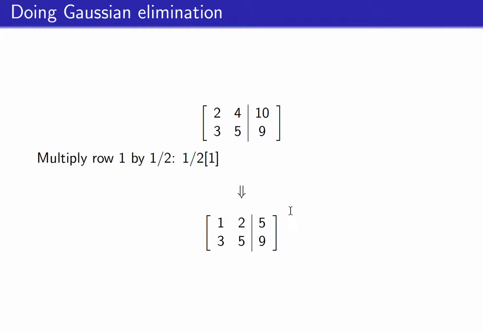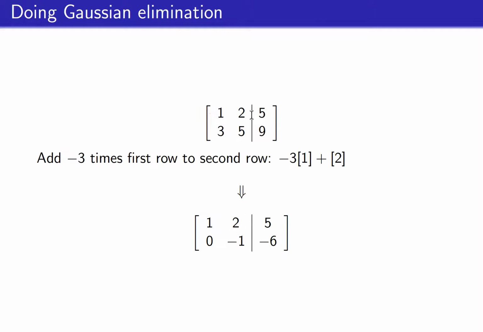So here's an operation of type 2, and I turn this into this. The idea is now I start with this one, and I'm going to do a different operation. So here it is, 1, 2, 5, 3, 5, 9. I'm going to do now an operation of type 3. And this one is going to add -3 times the first row and add it to the second row. So that's what I wrote, -3 times the first row added to the second row.